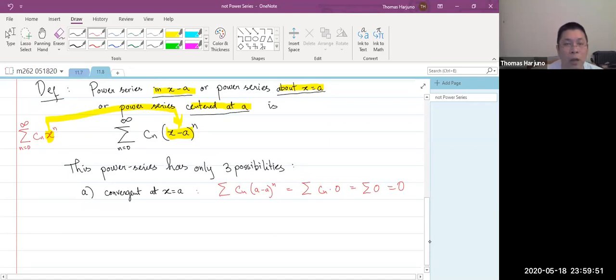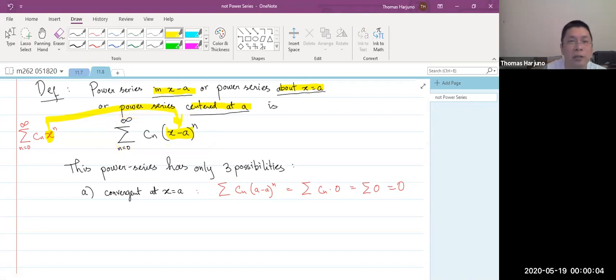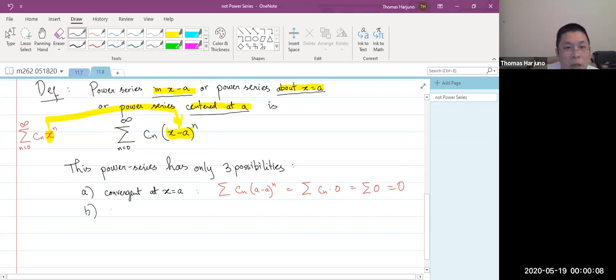Any power series like this will be convergent when x equals a. Now, it may be convergent also in other situations. Convergent at all x.